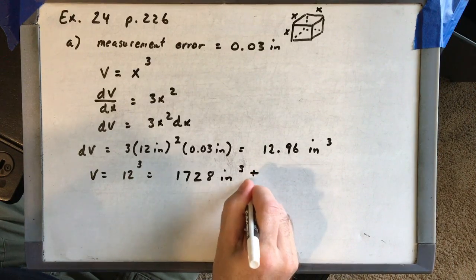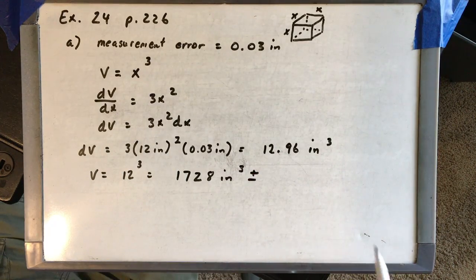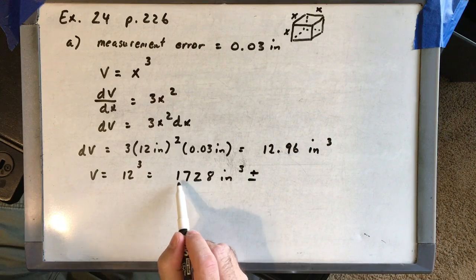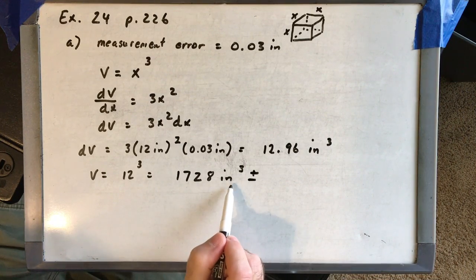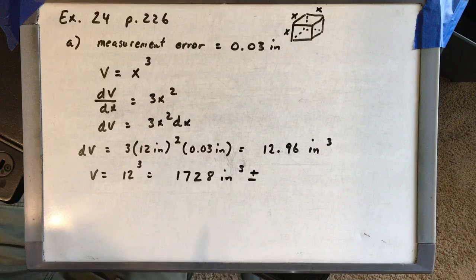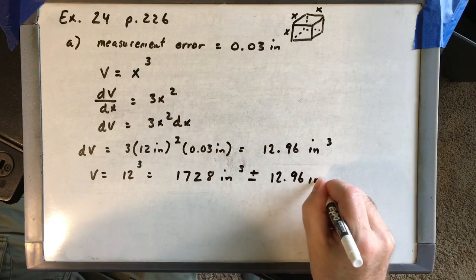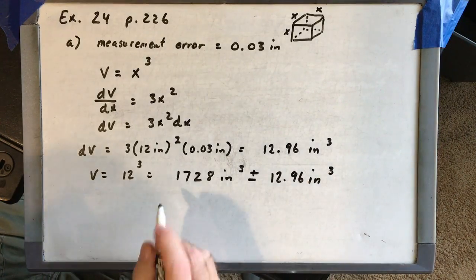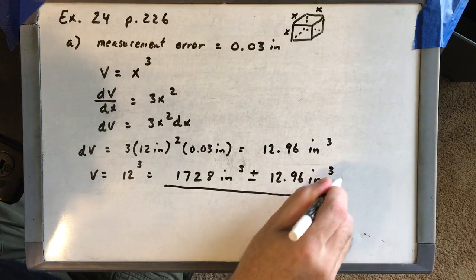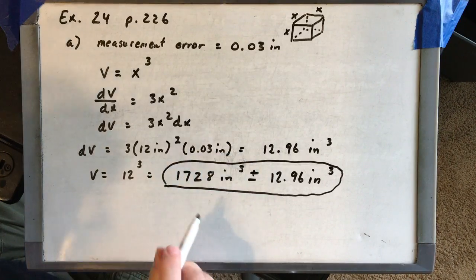So the way that you would give us that measurement is that the volume of this cube is 1,728 cubic inches, plus or minus this error, 12.96 inches cubed. That's the way I would like you to tell me your answer. That gives you more context, okay?